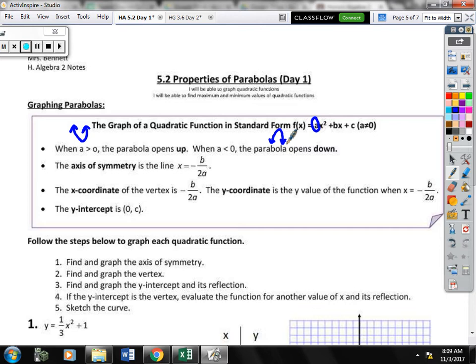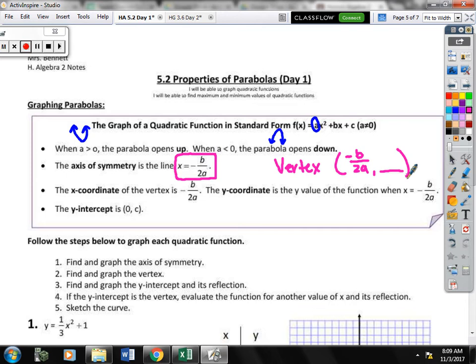And then we are going to be finding the vertex and the axis of symmetry, and there's a formula for that. So the axis of symmetry is the line x equals negative b over 2a. That's also the x coordinate of the vertex. So usually whenever we find the vertex, I'll write down the formula negative b divided by 2a, comma, blank.